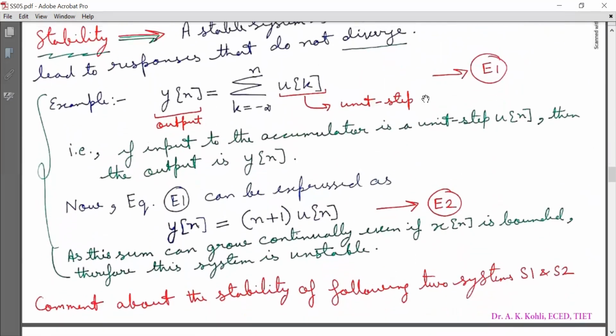Now equation E1 can be expressed as y[n] output is equal to (n+1) u[n]. So I will solve it. I can show that y[n] is equal to bracket n plus 1 into u[n]. Mark it as equation E2. As this sum can grow continually, even if x[n] is bounded, therefore this system is unstable.